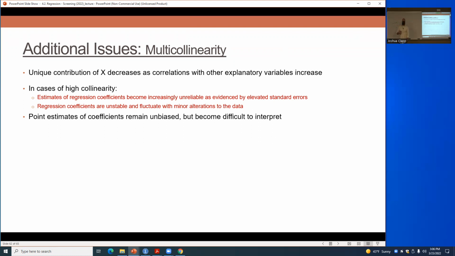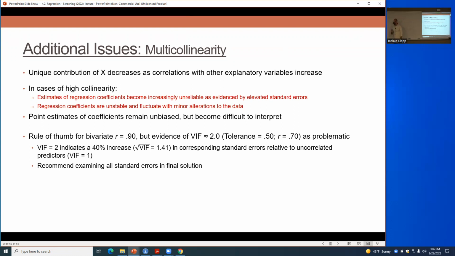It starts to become problematic, okay? So the primary concern with collinearity is not that our estimates are necessarily compromised, but the standard errors are compromised. And if the standard errors are compromised, I can't make strong assumptions about the precision of my estimates, and then that starts to become problematic, okay?